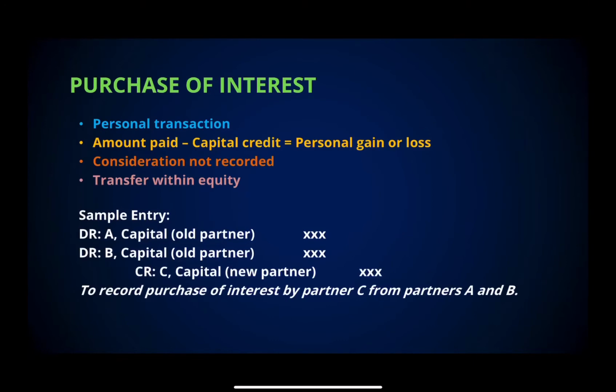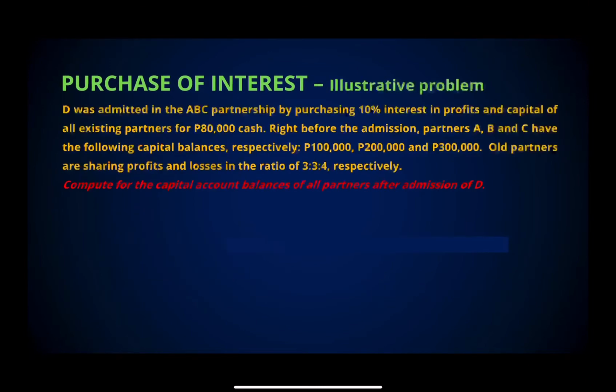To illustrate, let's answer the first problem related to purchase of interest. D was admitted in the ABC partnership by purchasing 10% interest in profits and capital of all existing partners for 80,000 pesos in cash.